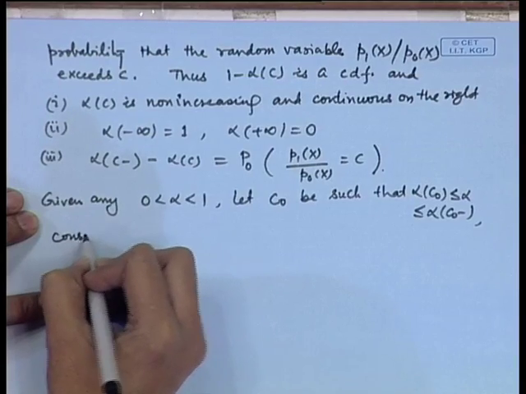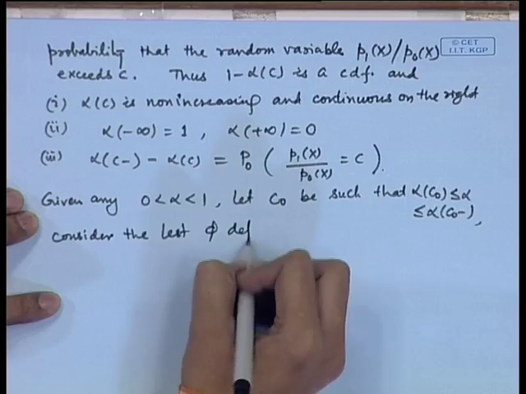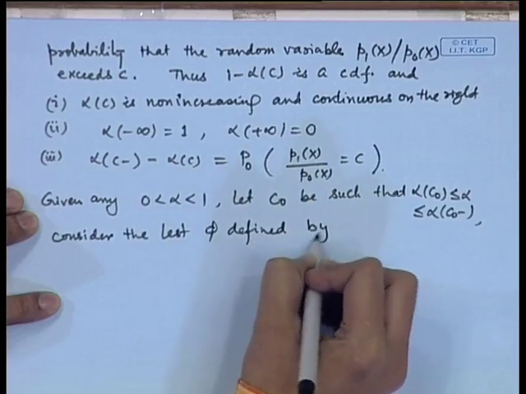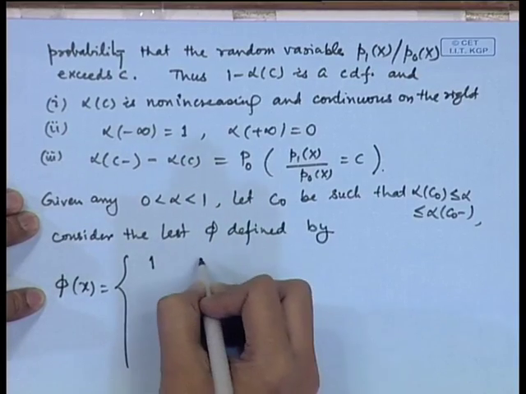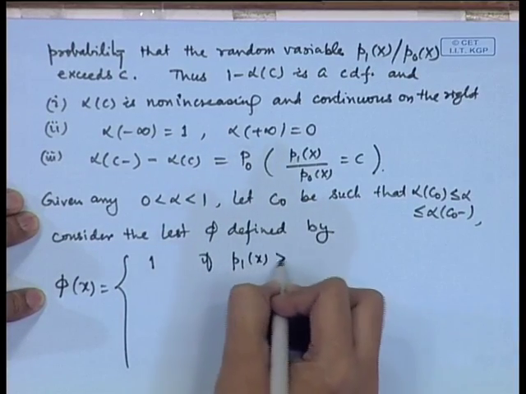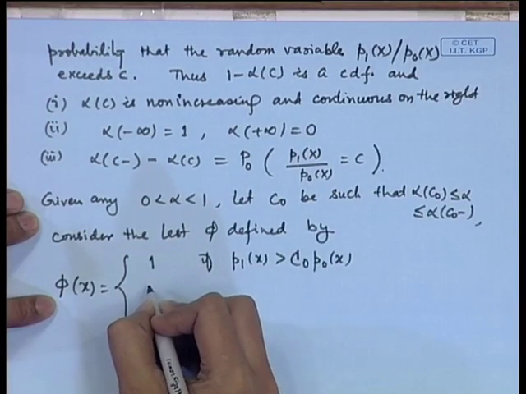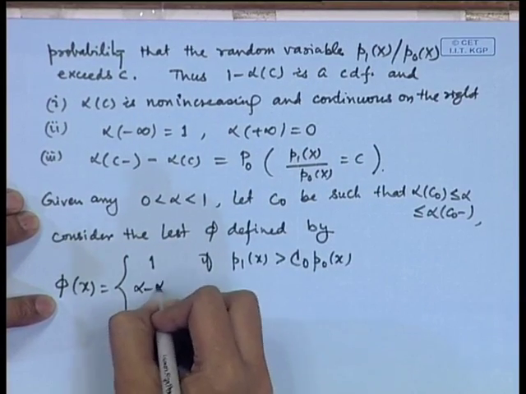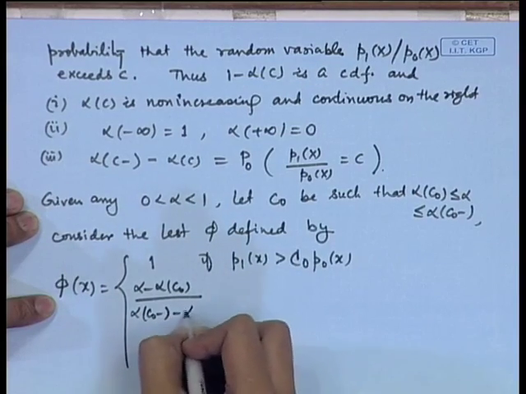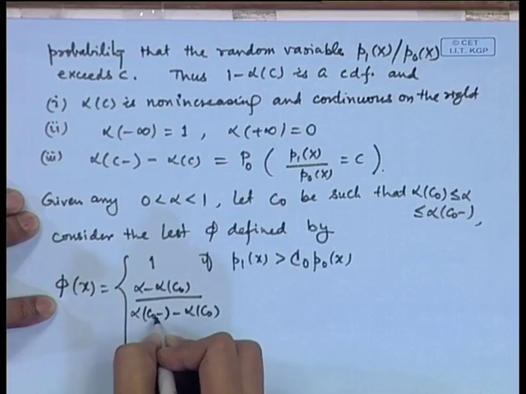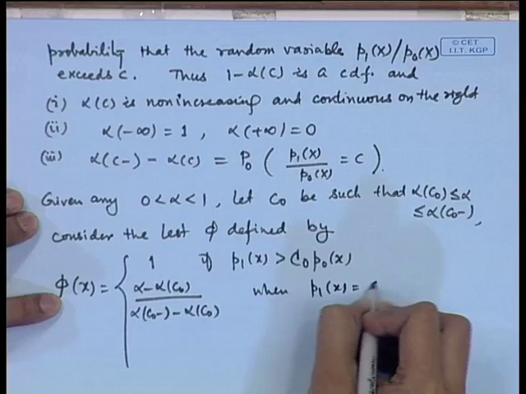Consider the test phi defined by: phi x is equal to 1 if p 1 x is greater than c naught p naught x, and we define it as alpha minus alpha c naught divided by alpha c naught minus minus alpha c naught, where the denominator denotes the left hand limit at c naught, when p 1 x is equal to c naught p naught x.